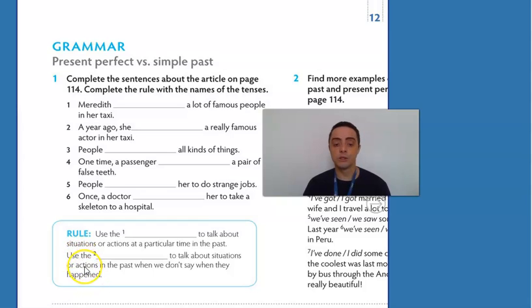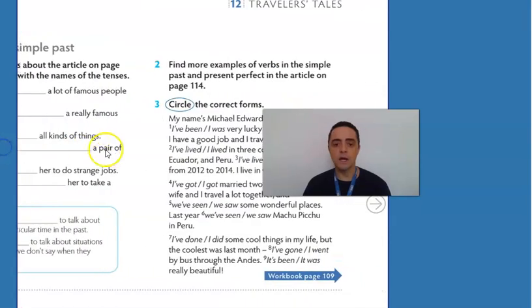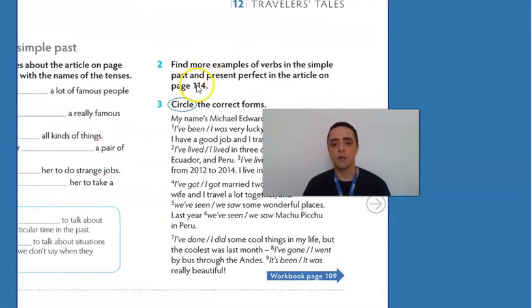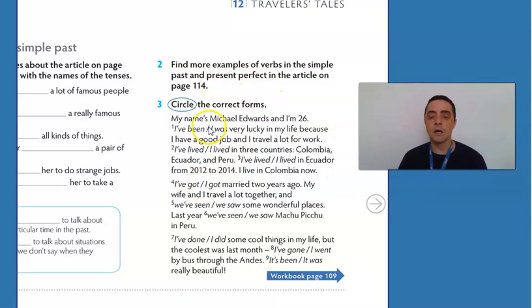Then, number 2, use the present perfect to talk about situations or actions in the past when we don't say when they happened, all right? If you go back to the text, okay, you can find more examples with the verbs in the simple past and the present perfect.